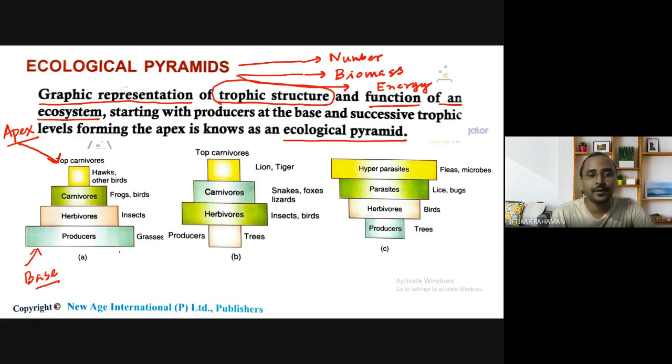So from apex to base or base to apex, there is a specific structure. That is known as a pyramid. And this is an ecological pyramid because trophic structure and function can be represented. So in the first type of ecological pyramid, we can see here that this is a pyramid of number. All of these are pyramids of number.